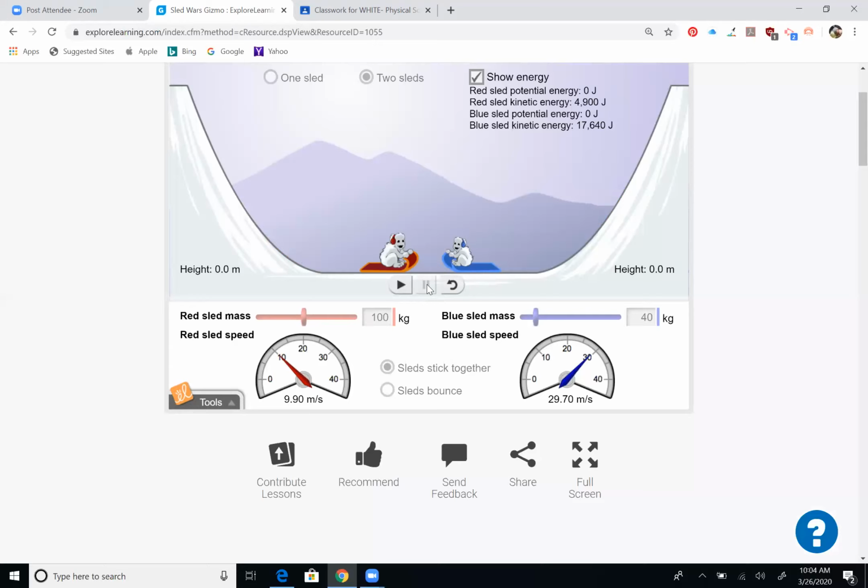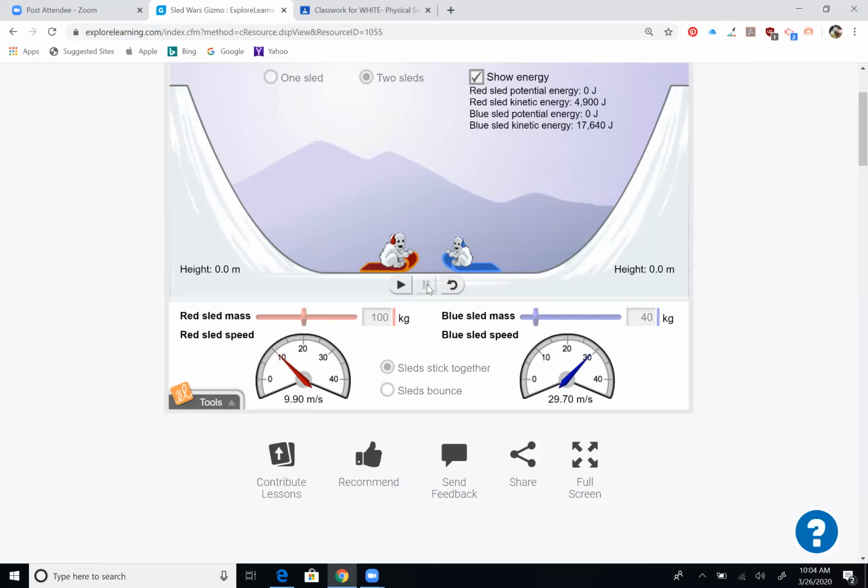All right, so to calculate the momentum, 9.9 times 100 is 990 for the red sled momentum.